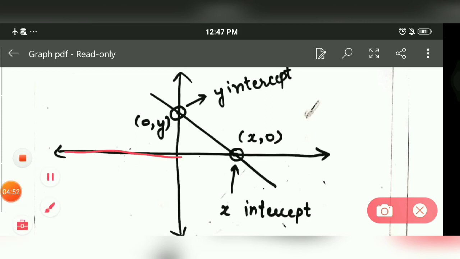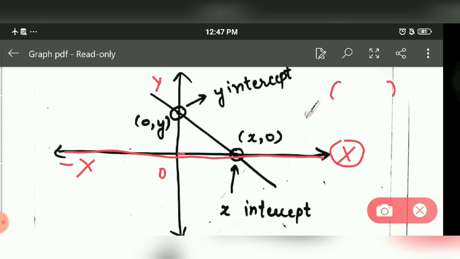This is the x-axis, plus x, minus x. This is the origin. This is a 2D graph where we have two axes, x and y. We have two coordinates, x and y. This is the abscissa and this is the ordinate, and together they are called the coordinate.